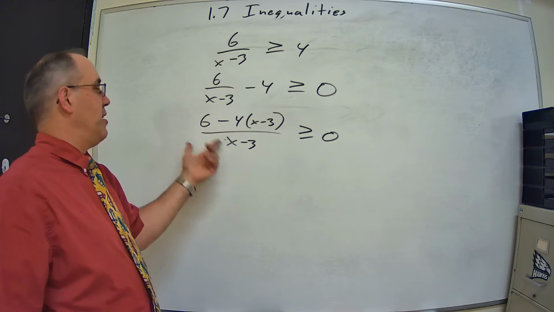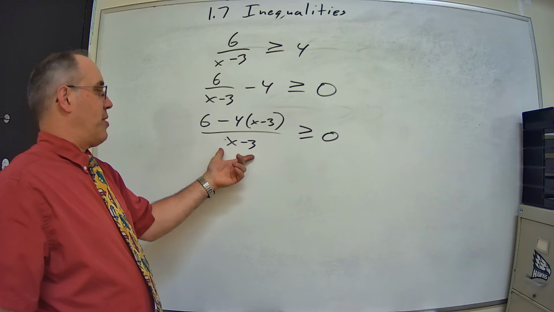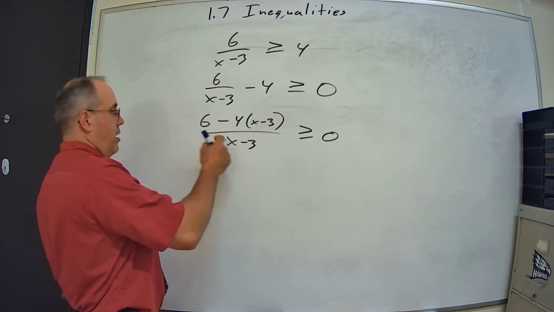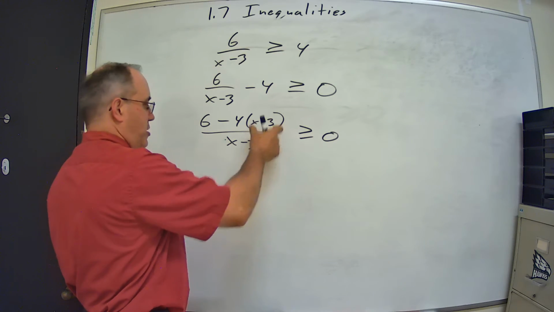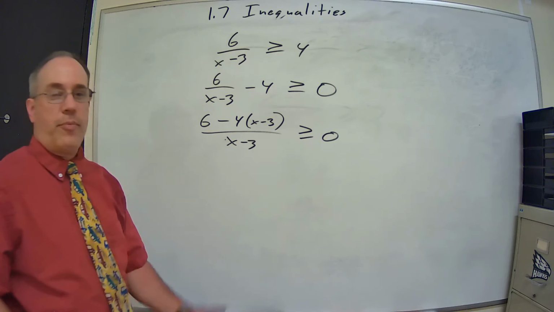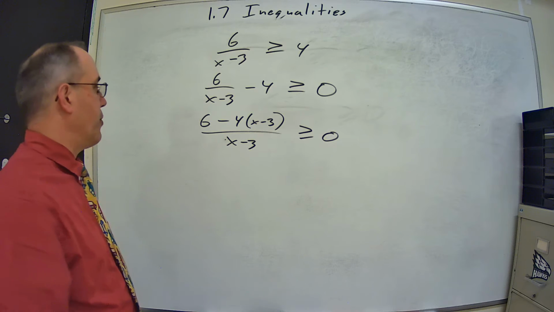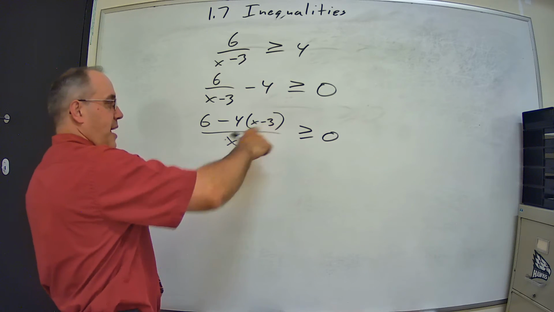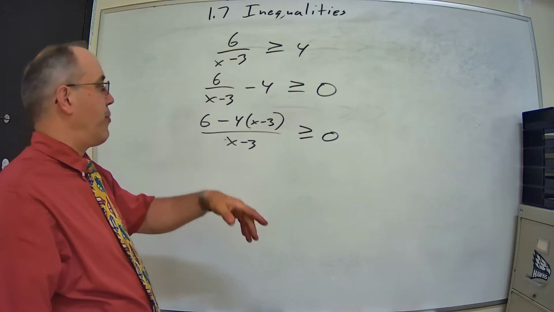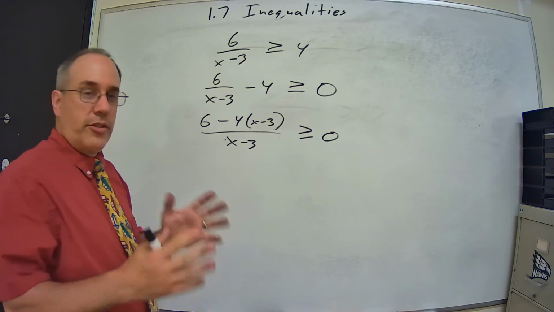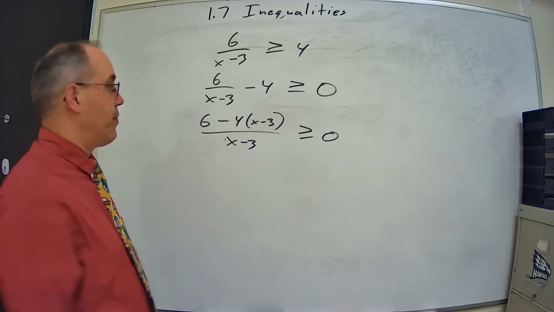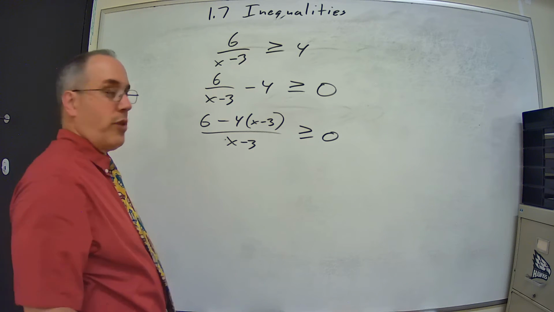I kept the common denominator instead of taking the extra step of writing 6 over x minus 3 minus 4 times (x minus 3) over x minus 3, because that's where we're going to want to go eventually anyway. Now I need to multiply this out, so distribute that negative 4 through, so I can combine like terms and determine whether I have any other factoring to do.